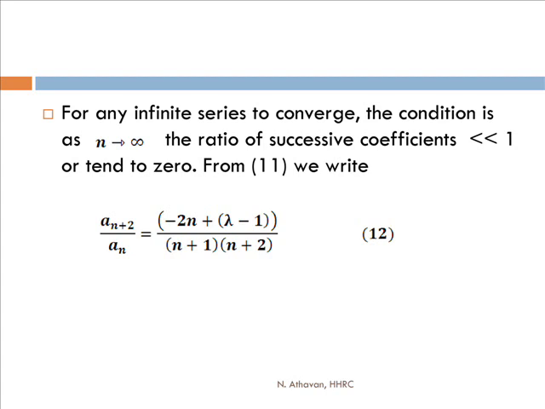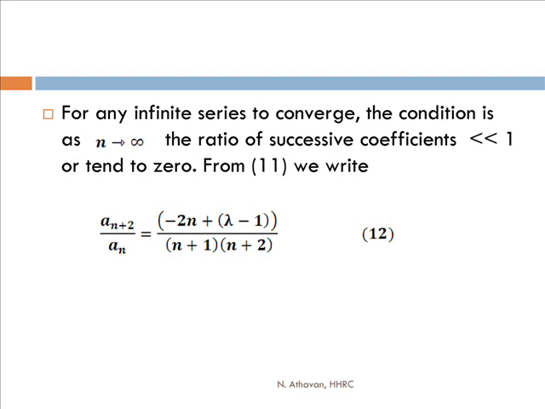For any infinite series to converge, as n tends to infinity, the ratio of successive coefficients should be very small, or in other words, infinitesimally small.